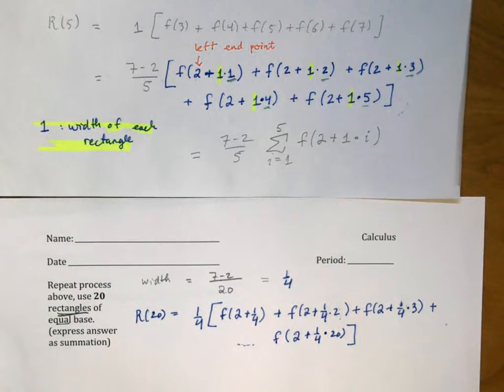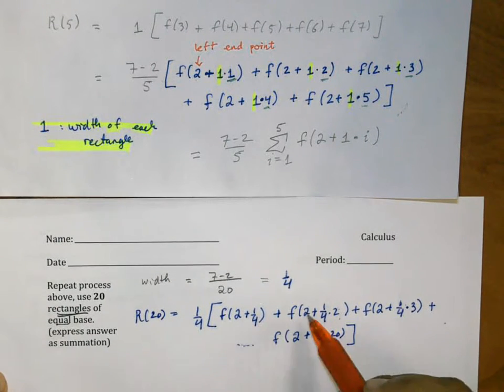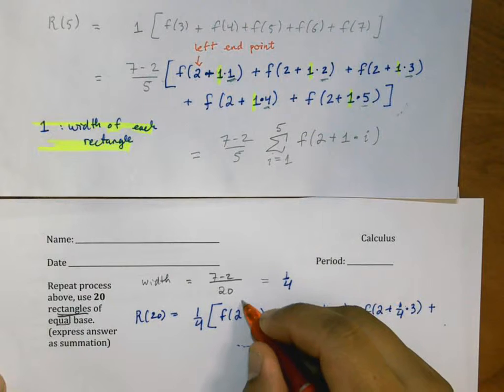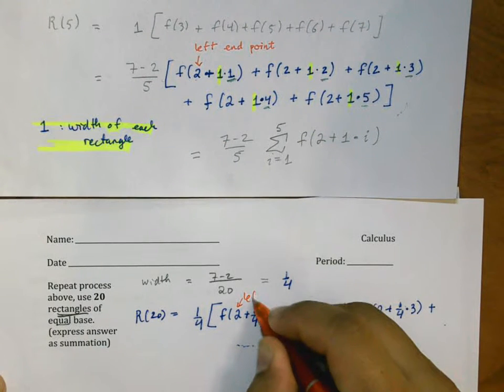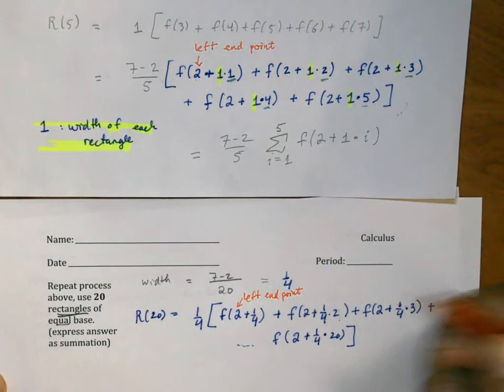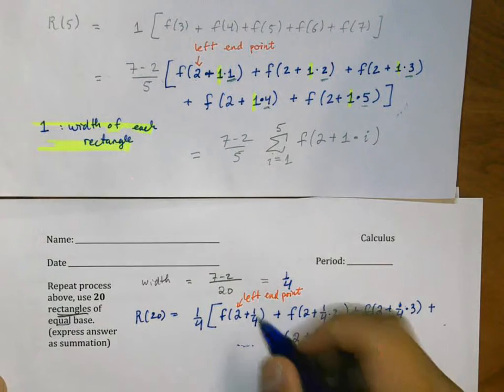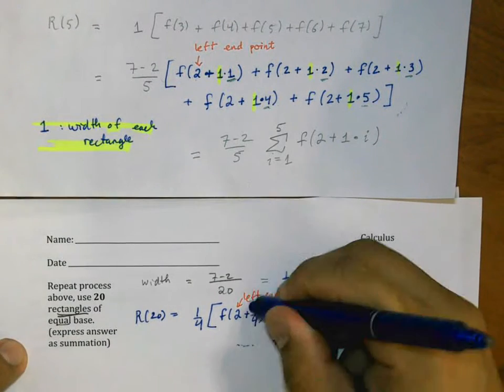So now if you think about what we had going on before, this 1/4 again is the width of each rectangle. These 2's are going to stay the same. This is the left endpoint. Oh, I forgot to multiply by a 1 here, so I will change this.